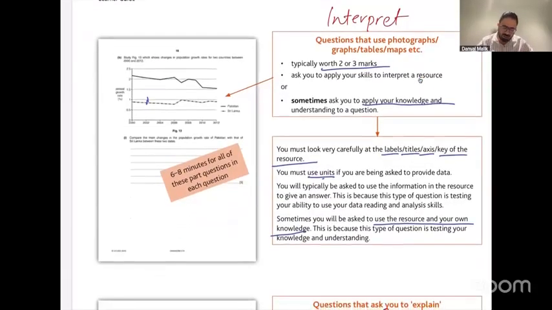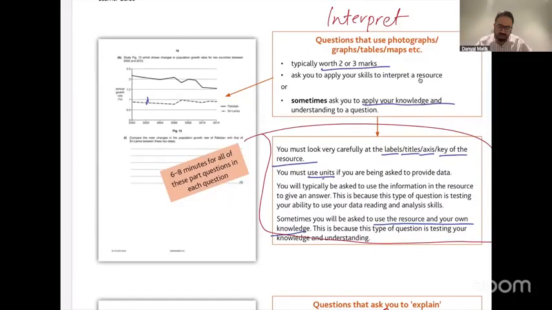So over here, what does the examiner say? You must look very carefully at the labels, titles, axes, and key of the resource. That's the important thing, right? You must use these units if you're being asked to provide data, meaning don't just write down the figures.